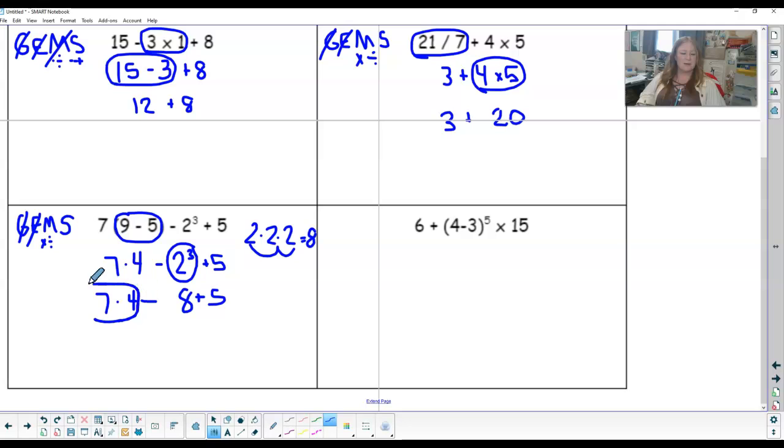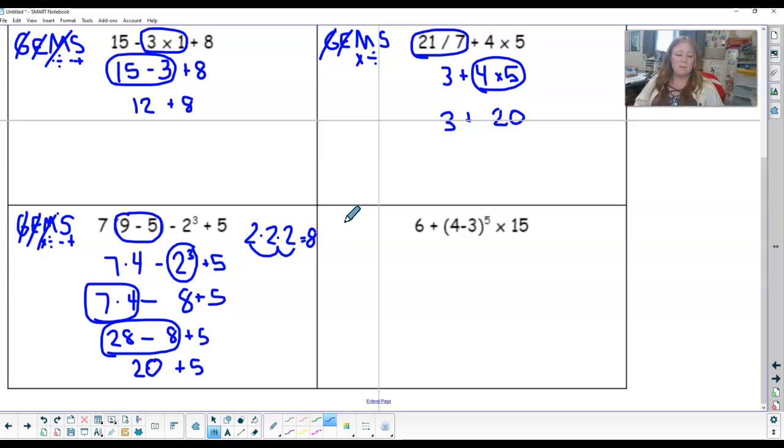Oh, here's one right here. 7 times 4 is 28, bringing everything else down. So looks like we don't have any more multiply or divide. So now we're on subtract or add, whichever we come to first, which here we have 28 minus 8 is, not 8, is 20 plus 5, and then you can go ahead and finish that up.